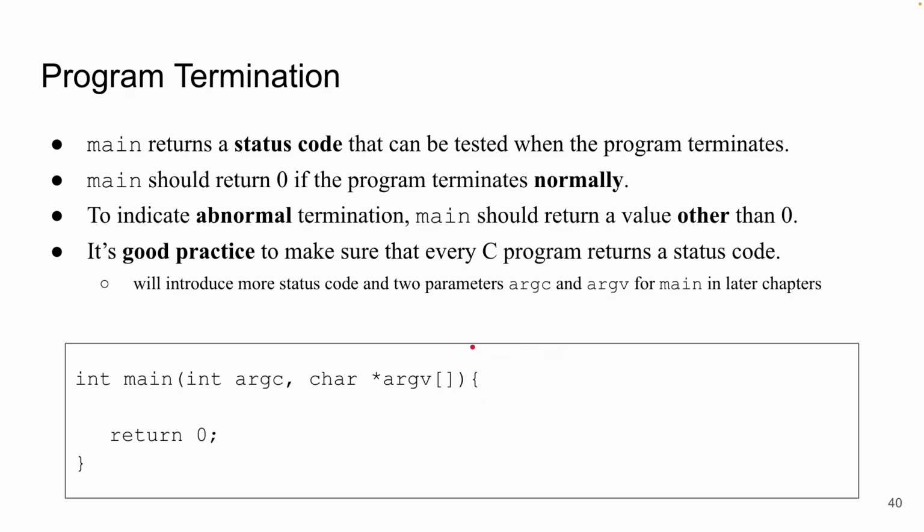But I will not introduce it right now; we will introduce how to use these two parameters in a later course. Because you can see we have the star symbol here, so it must have something to do with pointers. That is why we will introduce how to use this after we introduce pointers.